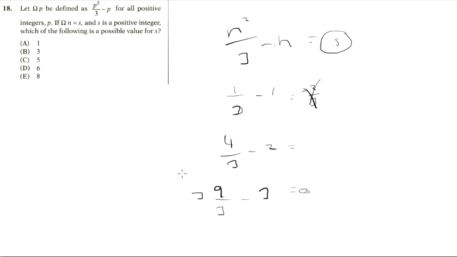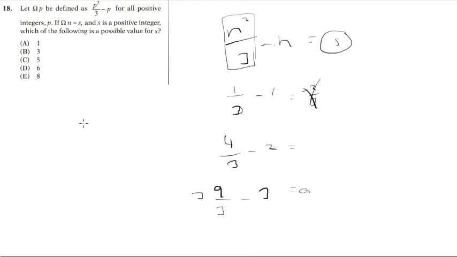Okay, now in order for this to be an integer, this thing here can't be a fraction. So this n squared needs to be some multiple of 3. So 4 times 4 is 16 divided by 3, that doesn't work. 5 times 5 is 25 divided by 3 also doesn't work, because that's not a multiple of 3.